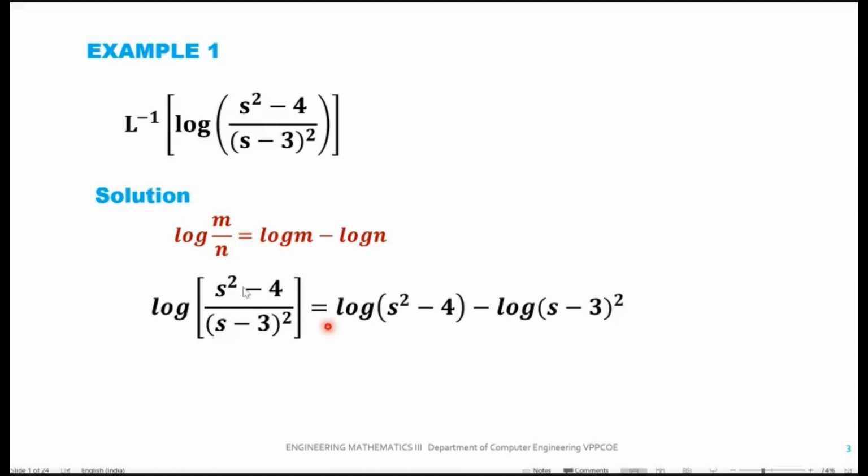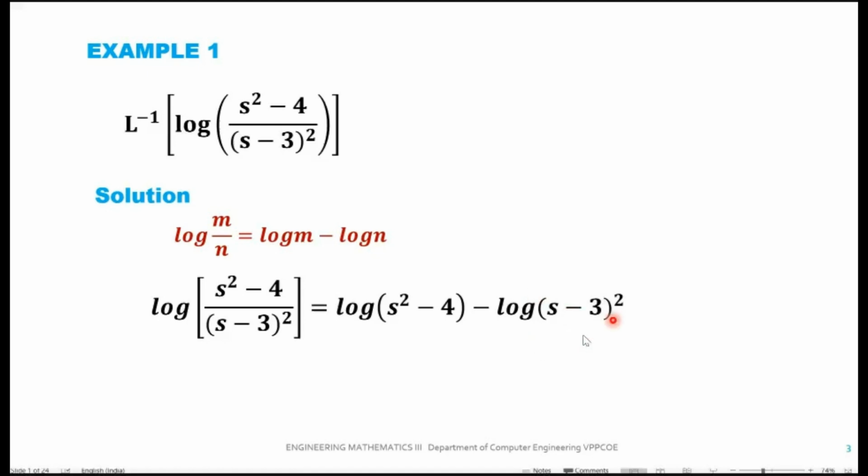So I can write log of (s square minus 4) upon (s minus 3) the whole square is equal to log of (s square minus 4) minus log of (s minus 3) the whole square. ठीक है, log of a by b is log a minus log b. फिर हमें क्या करना है? Now what is log of m raised to n? अगर raised to है तो हम क्या करते हैं log में?